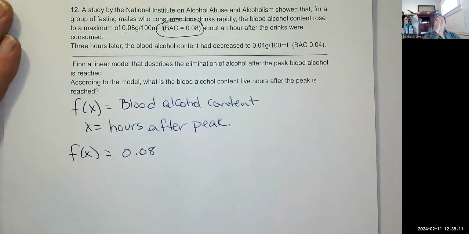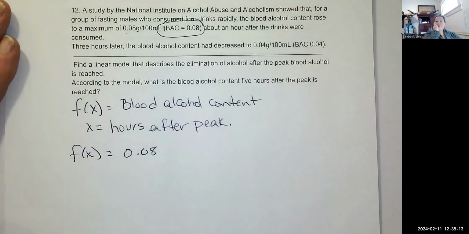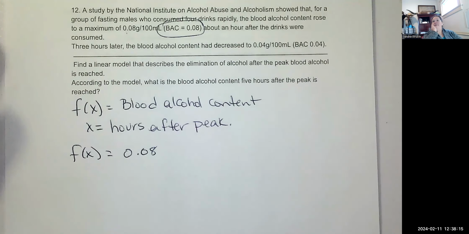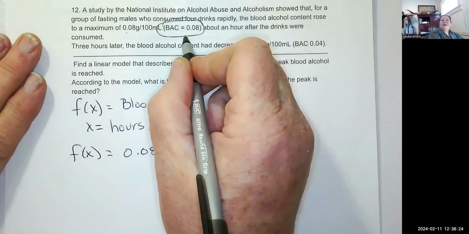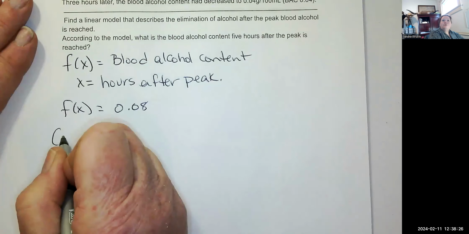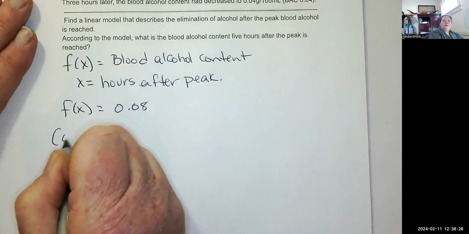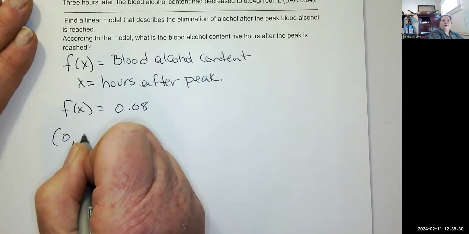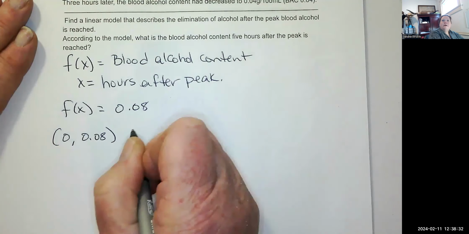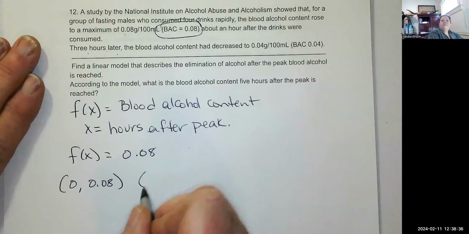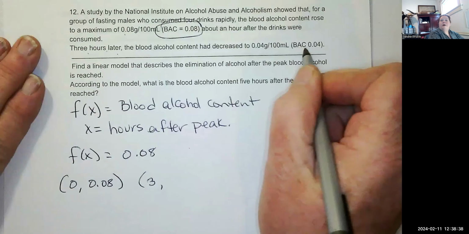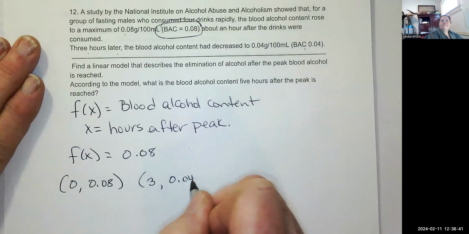And are we adding or subtracting to this? For every hour that happens, we need to find a rate of change. The first one is hour 0 at 0.08, and then 3 hours later, the blood alcohol content is 0.04.